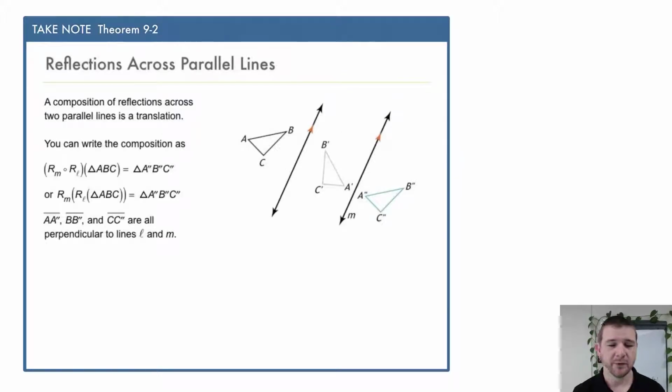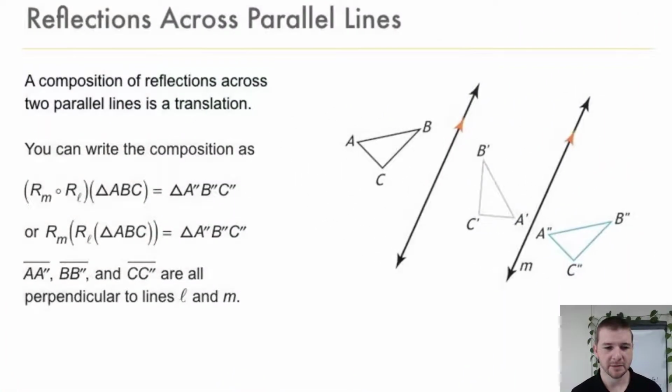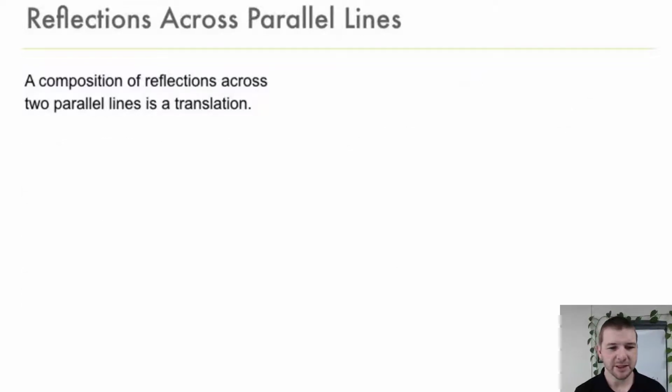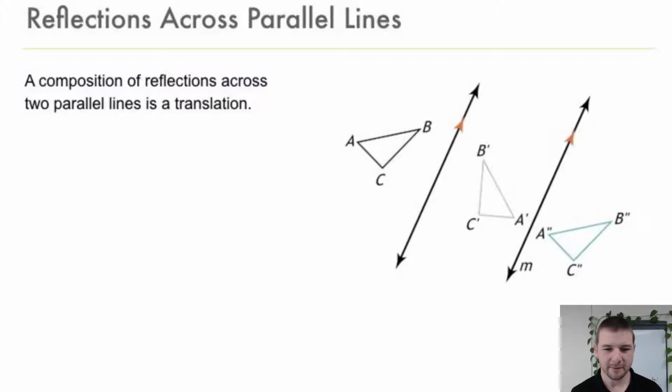Theorem 9.2, reflections across parallel lines. A composition of reflections across two parallel lines is a translation. Notice the diagram at the right, the lines of reflection and the triangle and its image, and second image.